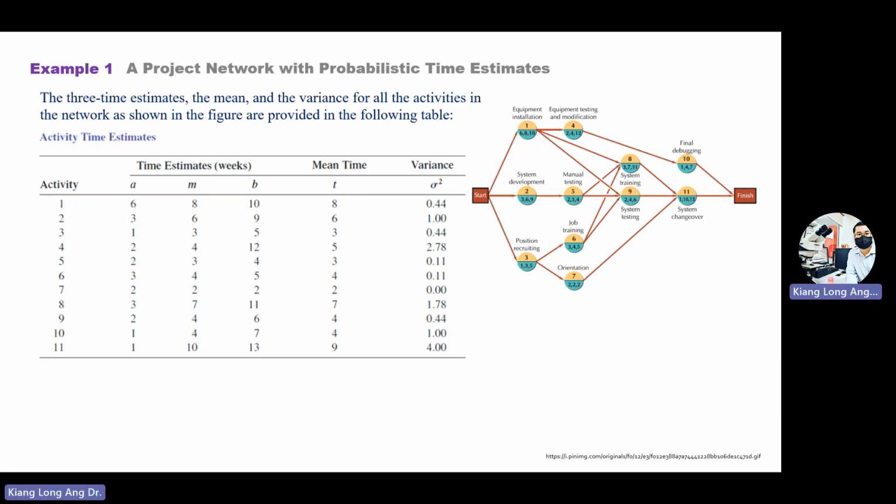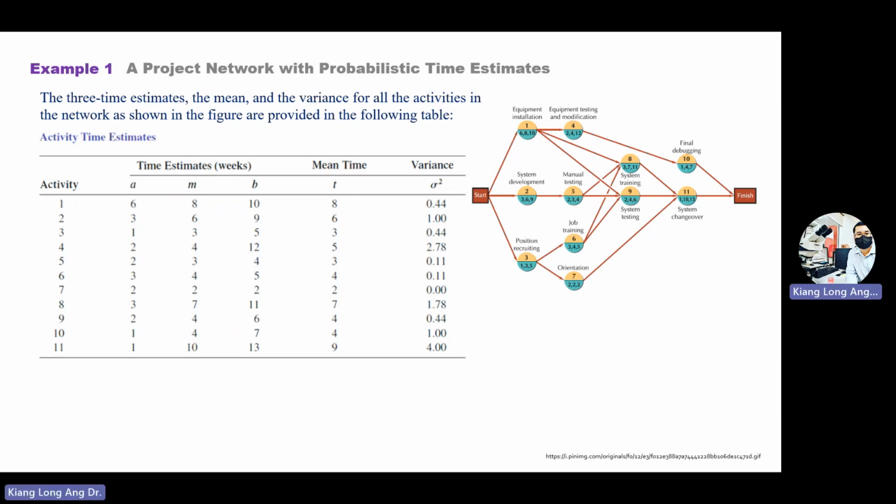You're given a table with activity 1, and then you have A, M, and B. If you check the table, you should be able to put in the numbers accordingly. You just copy the numbers. Like for example, activity number 1: 6, 8, 10. So you just copy 6, 8, 10.